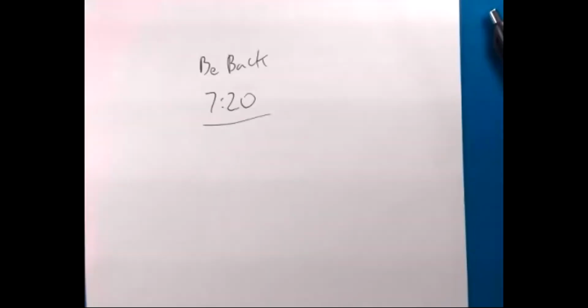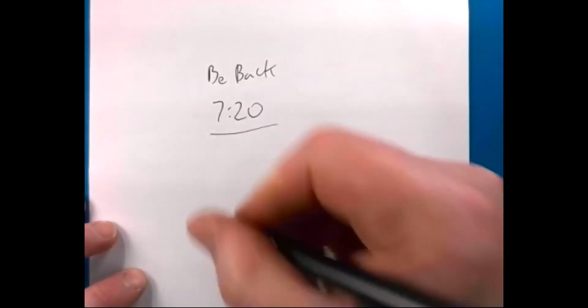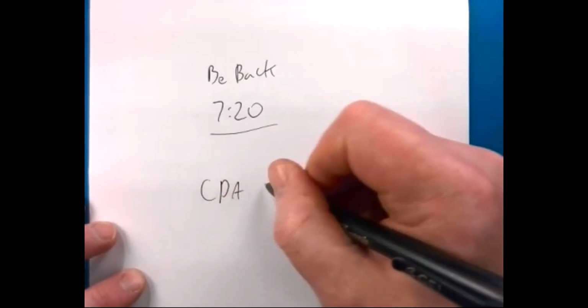Let's not take too long. Let's say 7:20. Take a few minutes, get up and stretch. Okay, let me put the camera on there. Okay, we'll be back at 7:20, and then I think we'll go into the CPA exam changes.